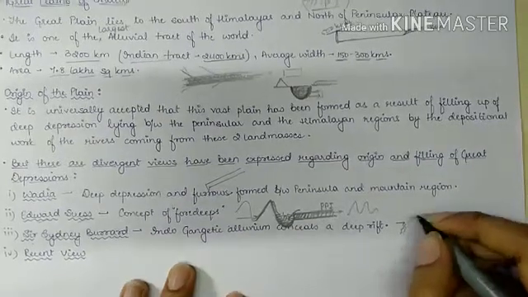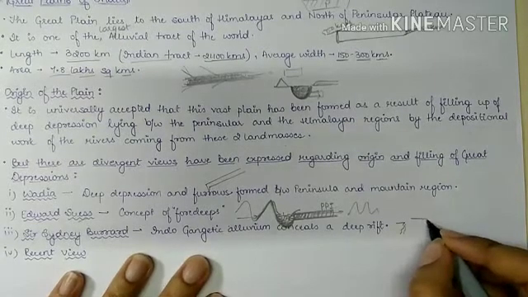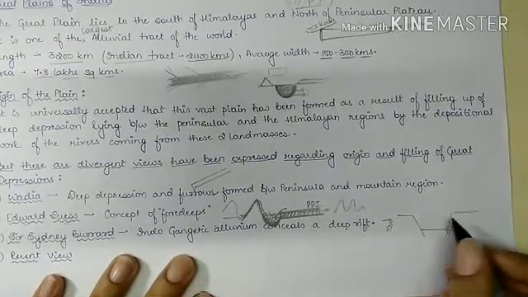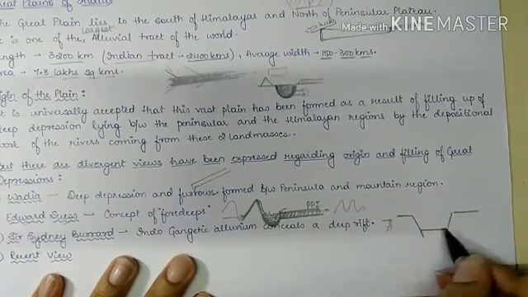He said that the alluvial tract is a great deep rift or a fracture in the Earth's subcrust, and this trough is several thousand meters deep. So it is like this. This is our deep.